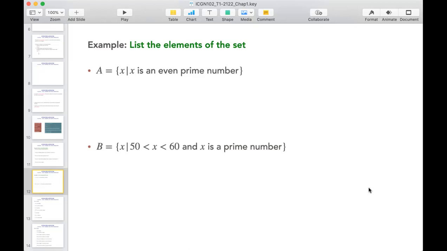No. 58, 4, 2, 28. Then we have 59. No, that's only 1 and itself. 53 and 59. That is correct. 53 and 59 are the prime numbers between 50 and 60. That's correct. Good job. Okay.